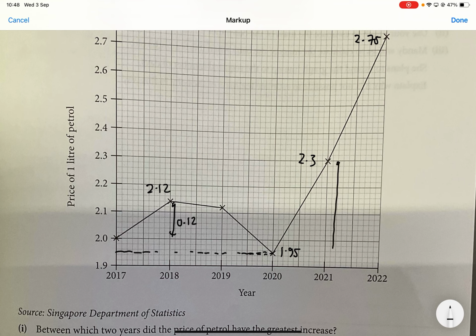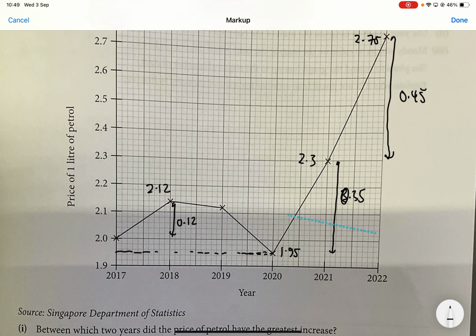Then between here and here, the increase is 0.35. We take the bigger number minus the smaller number. 2.3 minus 1.95. Then for here, the difference is 0.45.